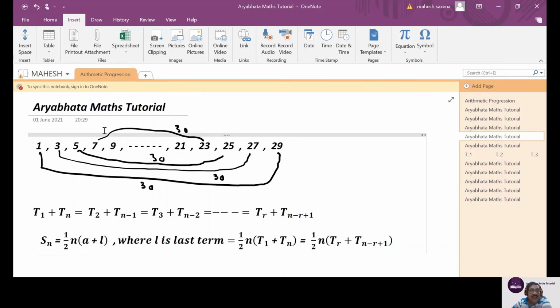Therefore, since the formula of Sn is n by 2 into (first term plus last term), where L is the last term, and we see that the first term plus the last term is equal to the rth term plus the (n minus r)th term, we can conclude that the sum of n terms can be written as n by 2 (t1 plus tn), which equals n by 2 times the sum of the rth term from the beginning and the rth term from the last.